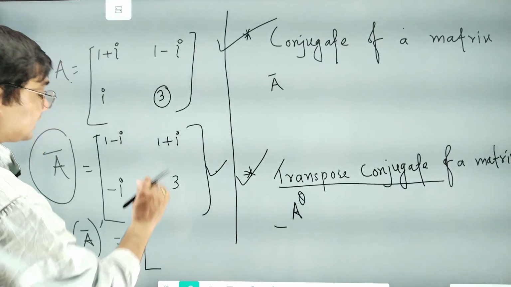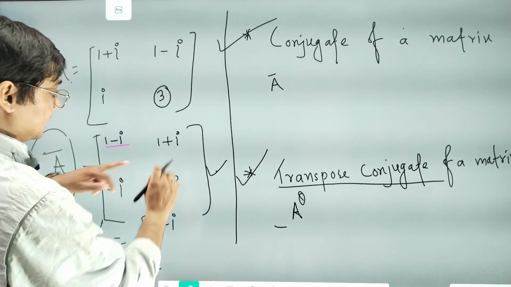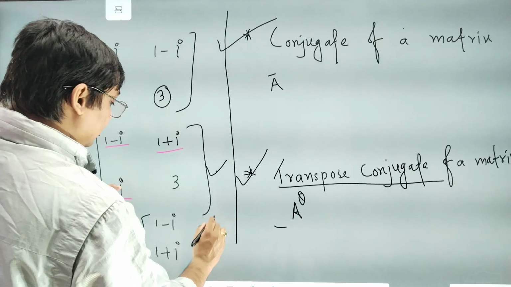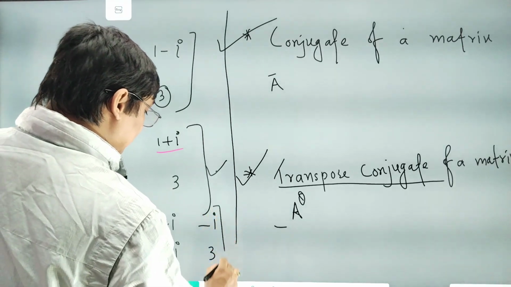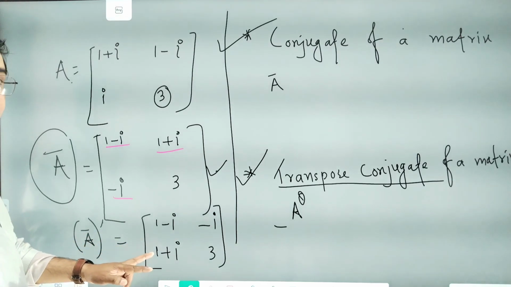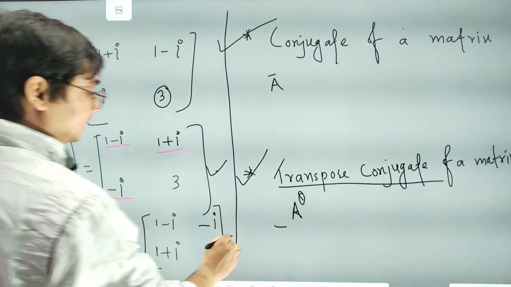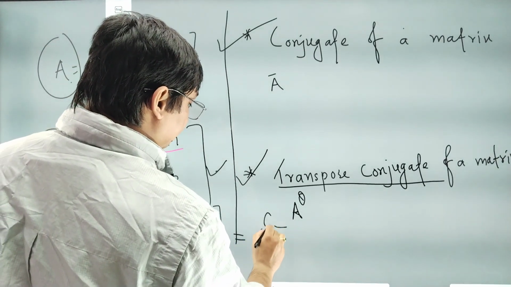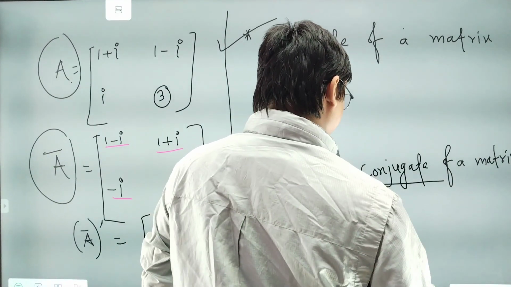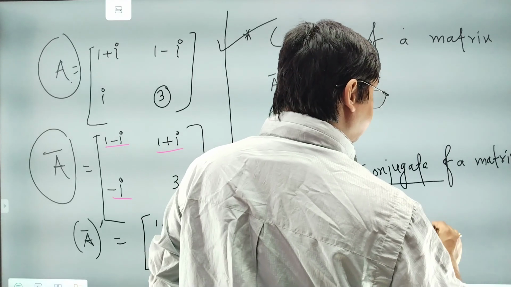That means 1 minus i, and then 1 plus i, then minus i, and then 3. Here we transpose this matrix, and this is called the transpose conjugate of this given matrix A, and we denote this like this way, A to the power theta.